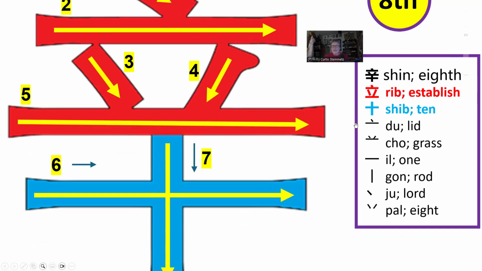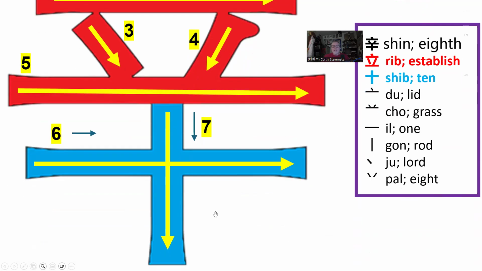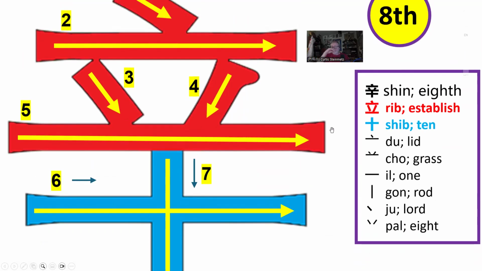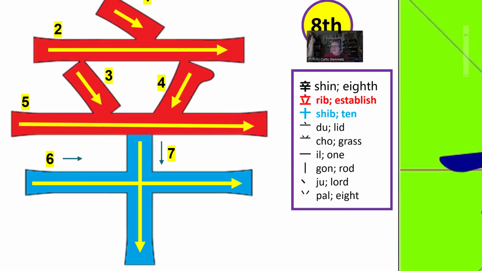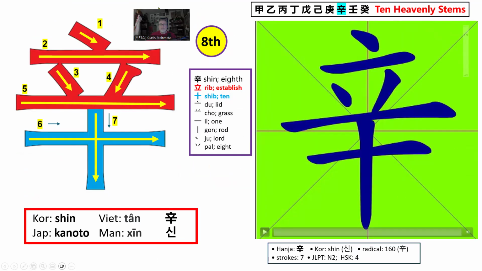And the same thing occurs with the standalone character ship and the component in this. So this is a very common thing that happens when hanja are combined as components to make bigger hanja.